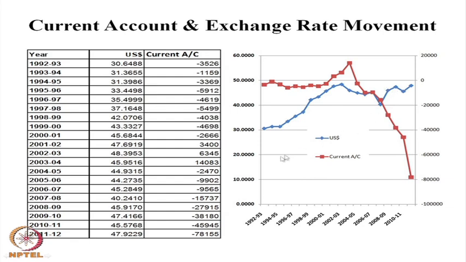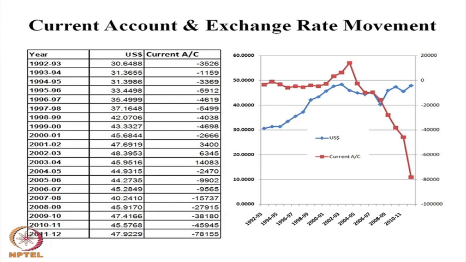Here you can see the rupee is fluctuating against the US dollar, and in the long-term pattern it is depreciating against the US dollar. However, the current account deficit is increasing over the years. So there is a positive relation between the depreciation of the rupee and the increase in the current account deficit.